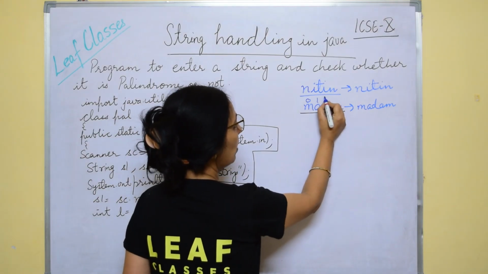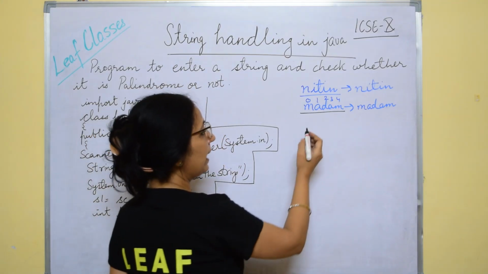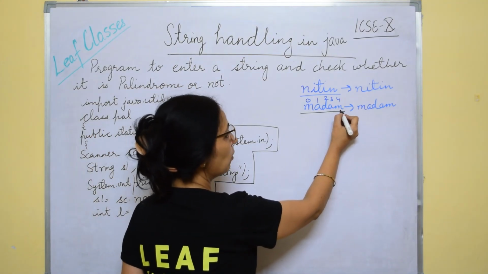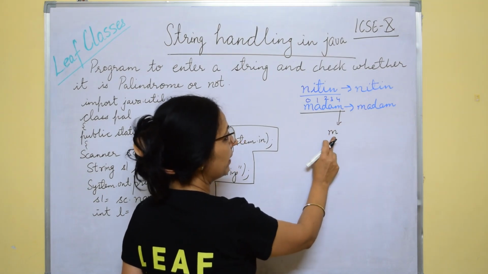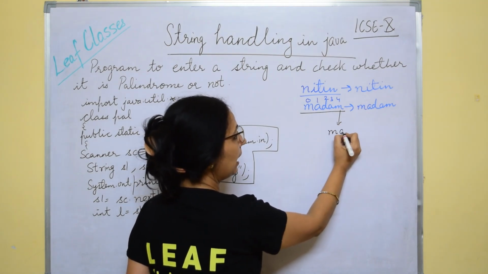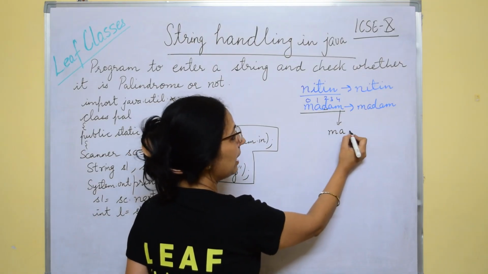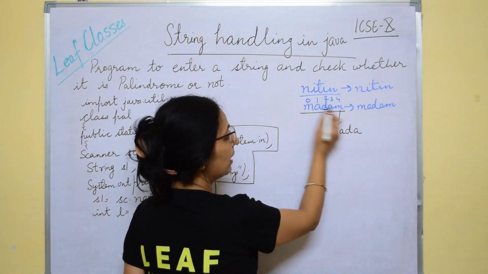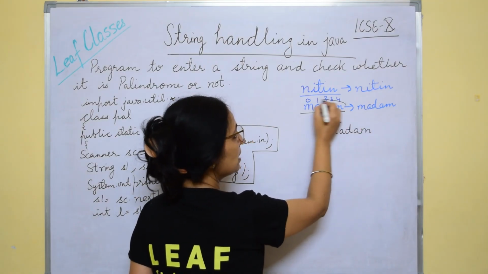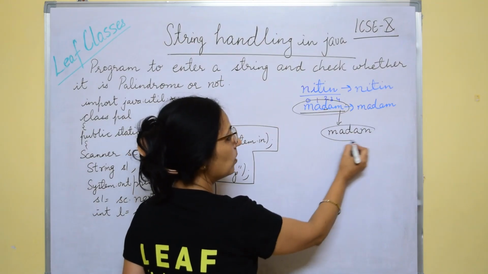Say the indexes are 0, 1, 2, 3, 4, so the length is 5. If I extract the characters from the end, first the fourth character, I have extracted M. Then I extracted A and added it. Then I extracted D and added it. Then A added, then M added. So this is the entered string, and this is the reverse string.